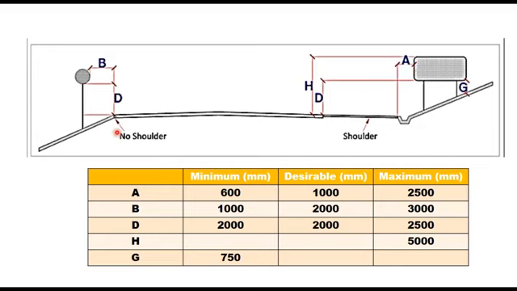And if there is no shoulder, then this distance should be minimum of 1 meter and maximum of 3 meter, and desirable is 2 meter. The clear height of the sign above the ground should be 2 meter to 2.5 meter, preferably 2 meter.